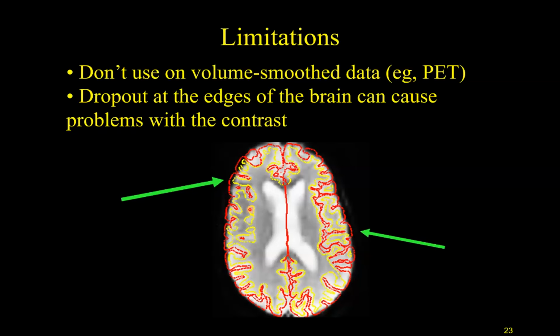This can sometimes corrupt the contrast that BBR is trying to measure. If you remember that contrast curve, you're expecting contrast in a particular direction, that gray matter is brighter than white matter. But out here at the edge, you might have situations where gray matter actually becomes darker because of this dropout.